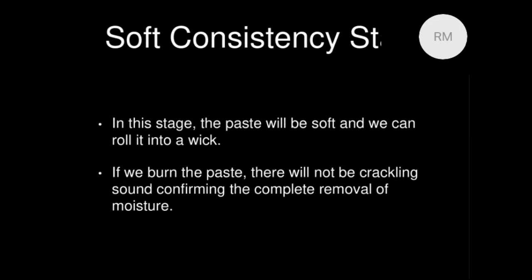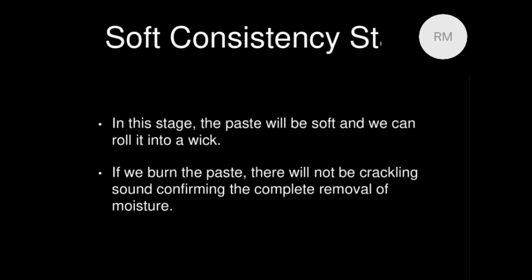So if you look at that paste that is still boiling and the oil is separating, what we have to do is just take a little bit of that oil or the waxy paste that is inside and put it into fire. So in the soft consistency stage onwards, there will be no crackling of the fire. There will be no crackling sound.